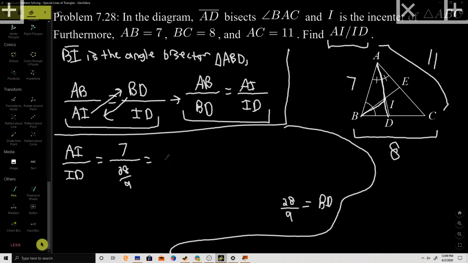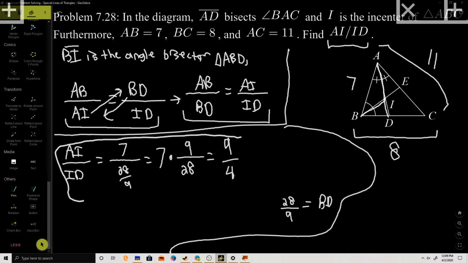Using keep change flip, we have that 7 times 9 over 28. 7 divided by 28 is the same thing as 1 over 4. So this is just going to be reduced to 9 over 4. And there is our answer.